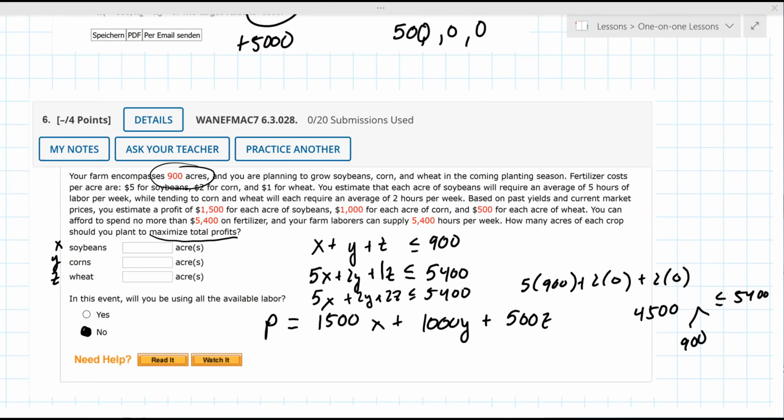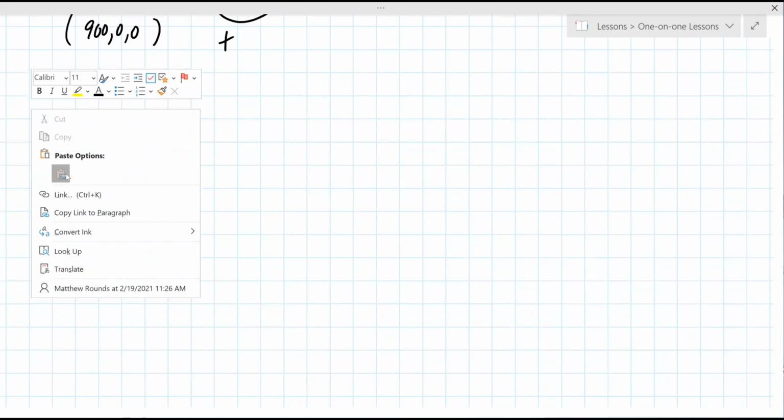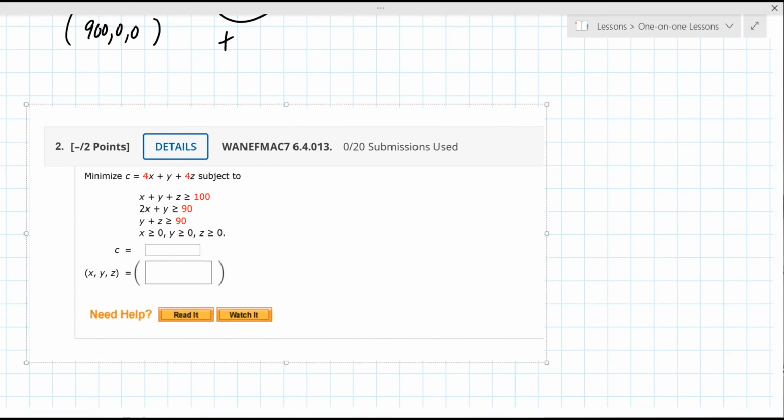Okay. All right. So let me grab this question in from 6.4, and really it's the same thing I've just done. It's now a minimized problem instead of a maximized problem. So I'm going to go back to that calculator and do the same thing, except you change it from min to max.